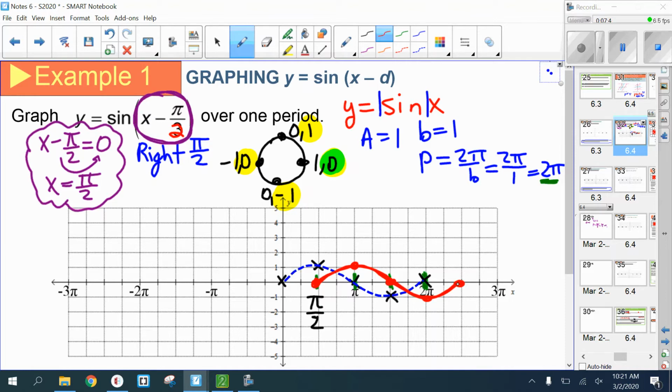Now go ahead and extend your pattern. If you continue the pattern, we're going to keep going up to there and down to, up to, down to.